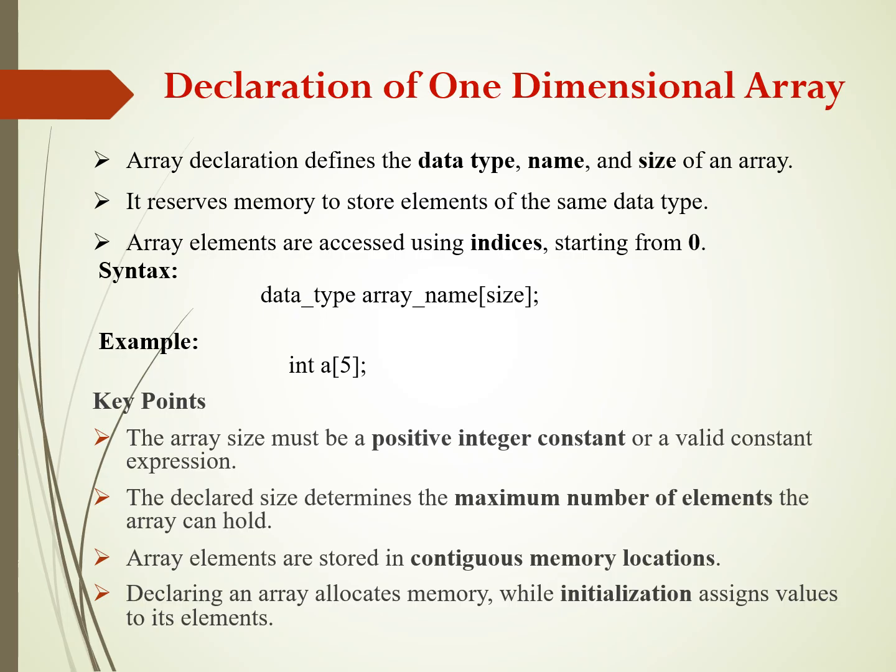Finally, remember the difference between declaration and initialization. Initialization is assigning values to the elements, and declaration is nothing but telling the compiler how many elements we want to store in that variable.